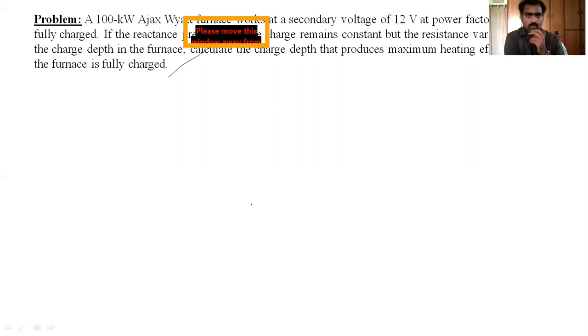So he is asking to calculate the depth of your charge, that is, the material which we want to be heated. In that furnace, named the Ajax Wyatt furnace, he has kept the charge, but he wants to calculate the depth of the charge that produces maximum heating effect when the furnace is fully charged.